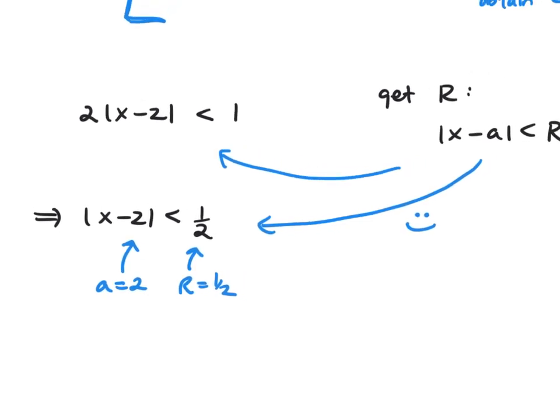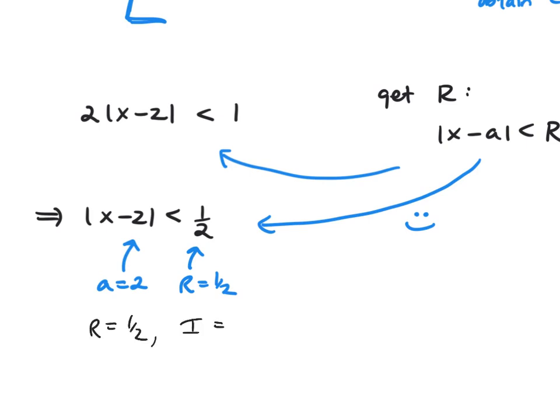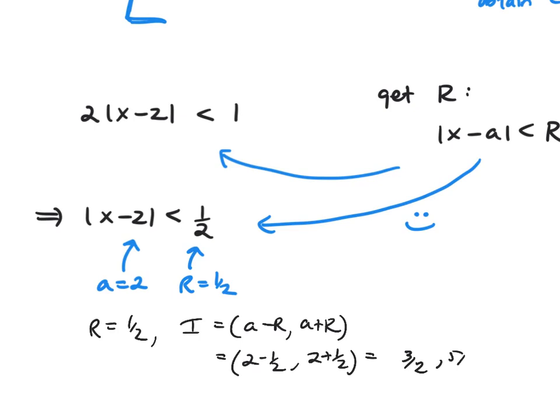So it's still a equals 2, but this also gives me my R equals 1/2. So I've got my radius of convergence R, and my interval I is simply a minus R to a plus R, which in this case is 2 minus 1/2 to 2 plus 1/2, which is equal to 3/2 to 5/2.